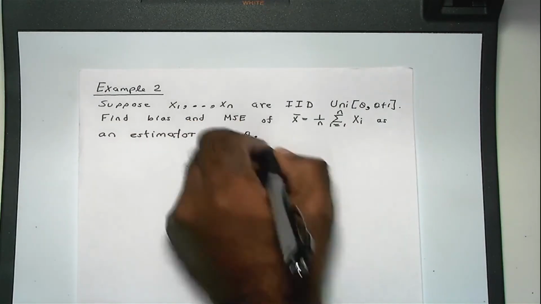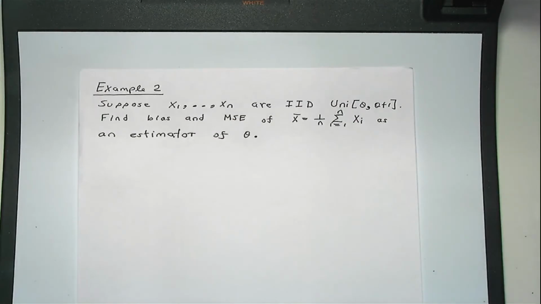Right, here you have a random sample from a uniform distribution with parameters theta and theta plus 1, and we want to find the bias and the MSE of the sample mean as an estimator for theta.